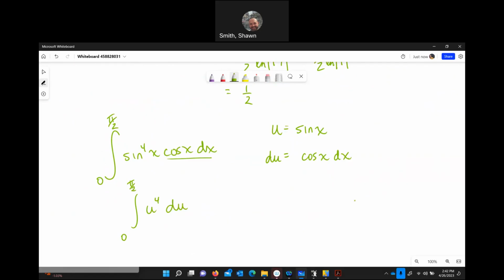So I need to check these limits of integration. These were for x's, right? So is u pi over 2 now? If x is pi over 2, what's the sine of pi over 2?